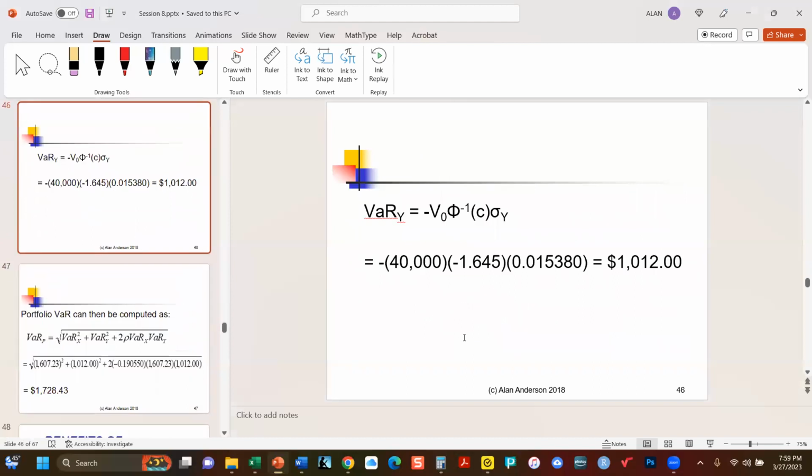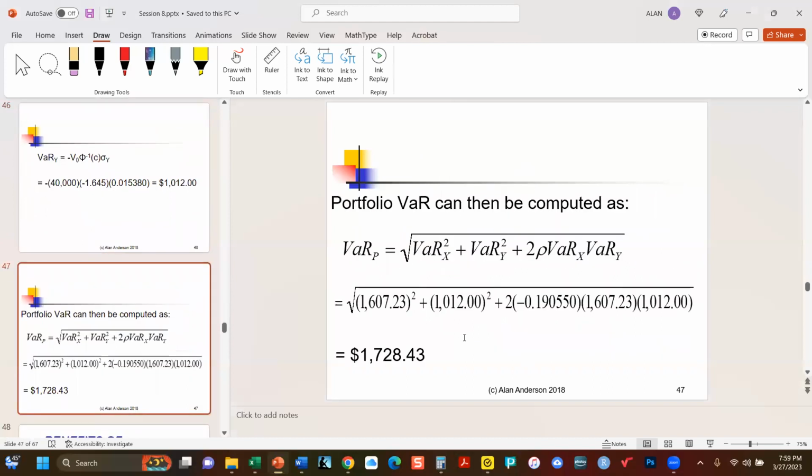So I don't know exactly when this would be quicker. People might just prefer it because they think it makes more sense, but the correlation would be the same in either case. But either way, this is the 2-asset portfolio.